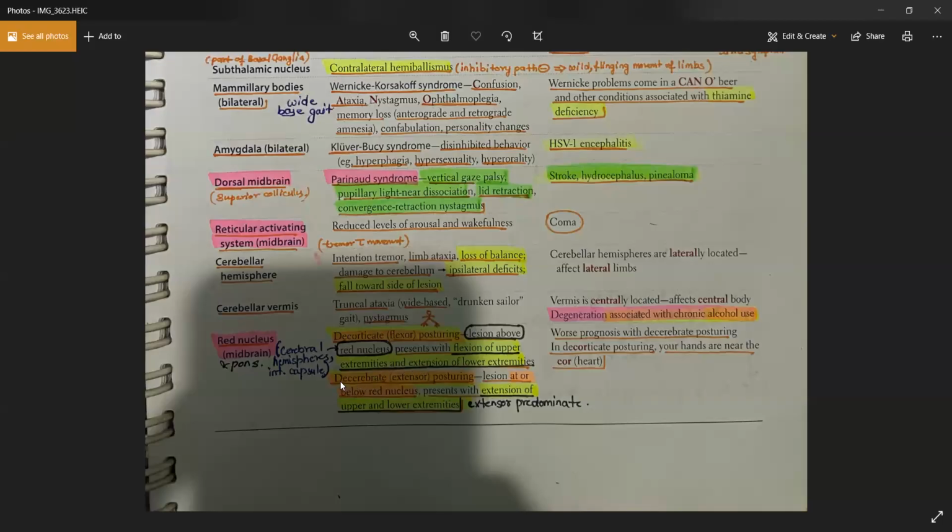Whenever you get any lesion below the red nucleus, you will get decerebrate posturing, in which the patient will have extension of both upper and lower limbs. In decorticate posturing, you have flexion of the upper limb and extension of the lower limb, right? And this is located in the midbrain.